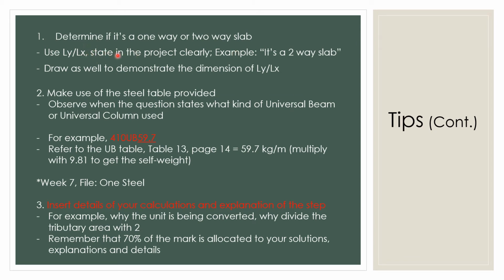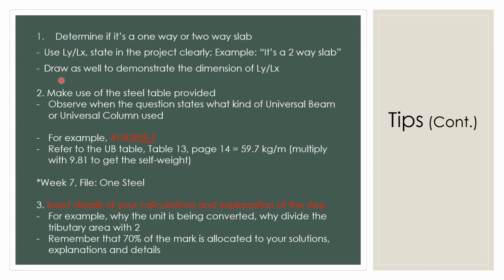In any calculation, determine if it's a one-way or two-way slab. So use the Ly over Lx to get the number. So when you get the number, you need to state in the project clearly. For example, when you get the number, say it's a two-way slab or a one-way slab, depending on the answer that you get.